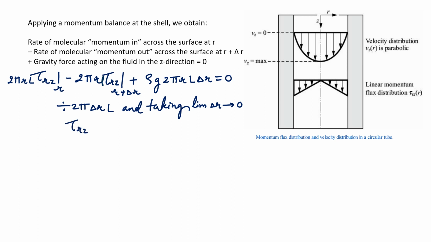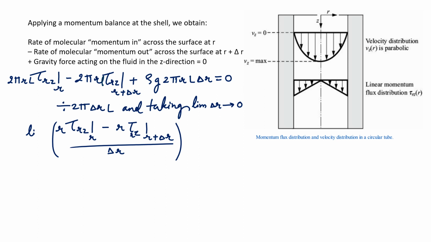So we get the limit as delta r tends to 0 of r times tau rz at r minus r times tau rz at r plus delta r, upon delta r, plus rho g r equals 0.